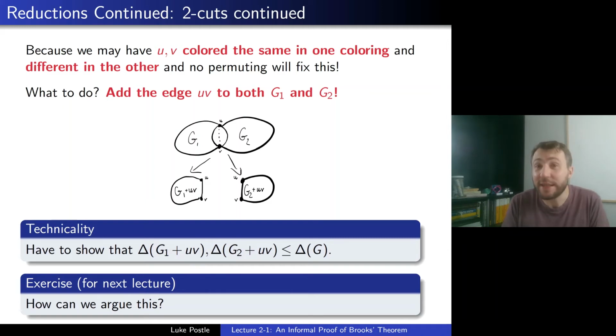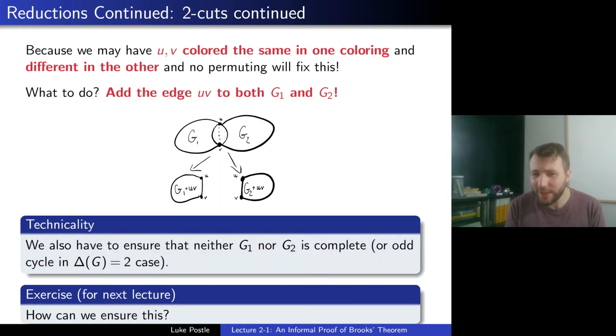This is again a condition of the theorem, so why can we do that? And yet there's another technicality, which is that we also have to ensure that neither G1 nor G2 is complete, or a cycle in the Δ equal 2 case. And again, exercise for next lecture: how can we ensure that technicality? What argument can we use?